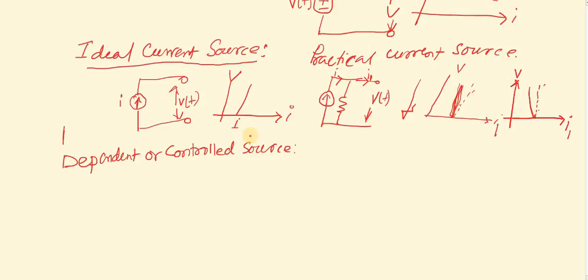In this case, the dependent source or control source generates a particular value of voltage or current at another particular location in its circuit.